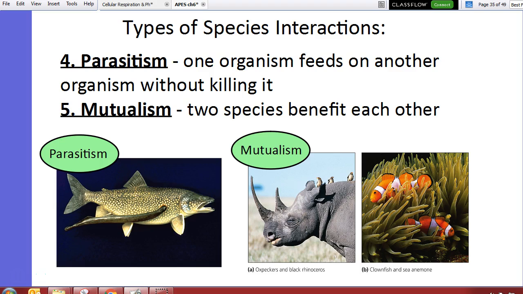Parasitism is an organism that feeds off of another organism, but it does not kill it. It is different than predation.